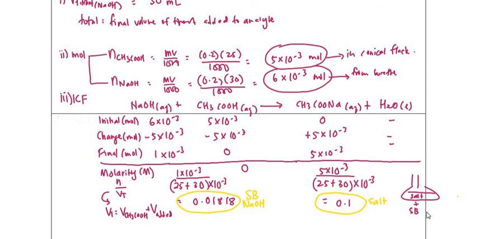Is it a buffer solution? No, because a strong base was added here. Since you have a strong base and the salt, as usual, the dominant species in the conical flask is the strong base. Dominant means the pH of the conical flask is controlled by the strong base, so the pH of the salt is only minor. So how do we find the pH of a strong base?